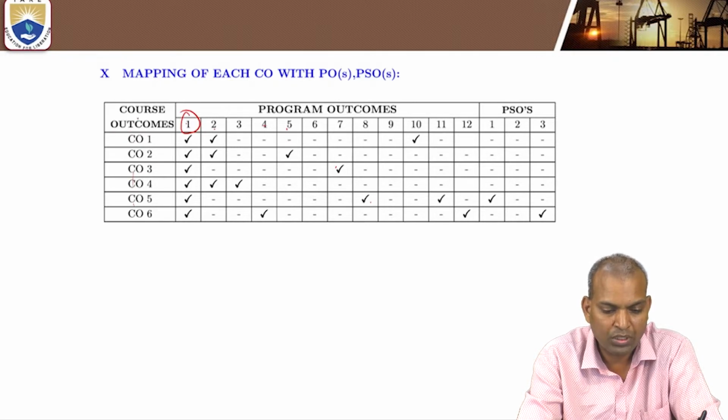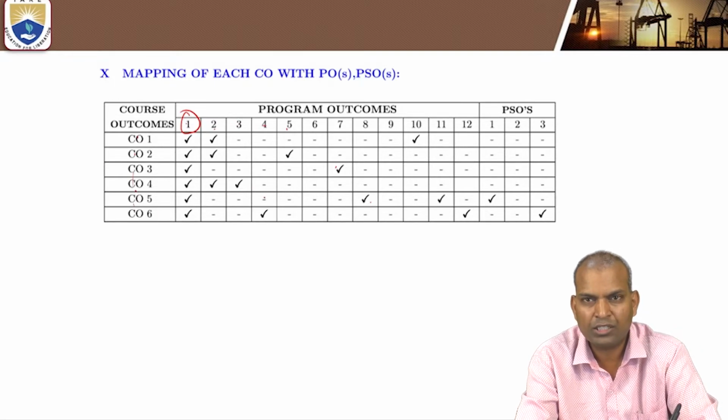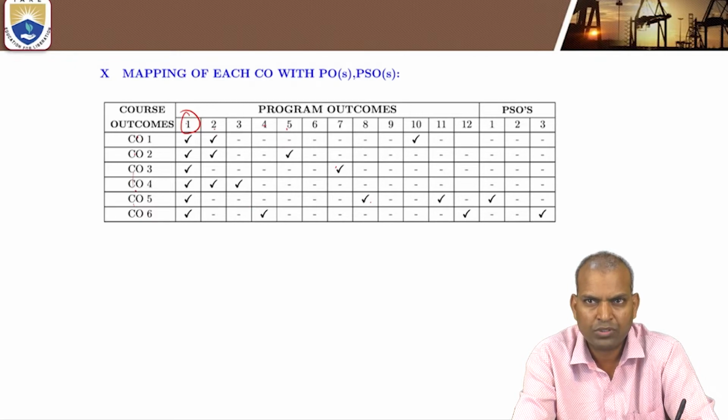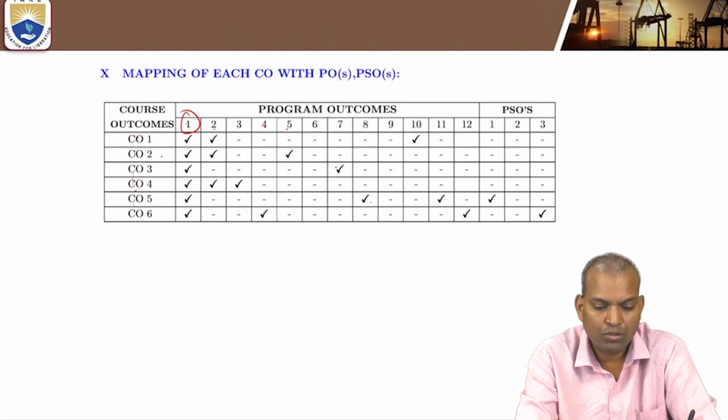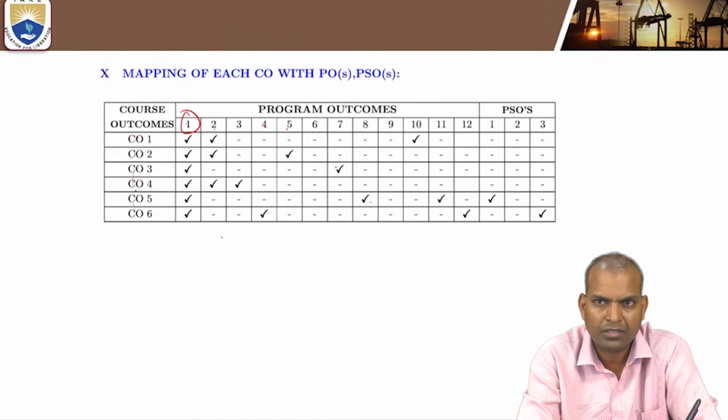PO2 is applicable to only CO1, CO2 and CO4. Similarly, PO3 and all the others are mapped here. You can change it, it is up to you, to attain the maximum values of course attainment. But it should be related and reasonable. That is the only concept here.